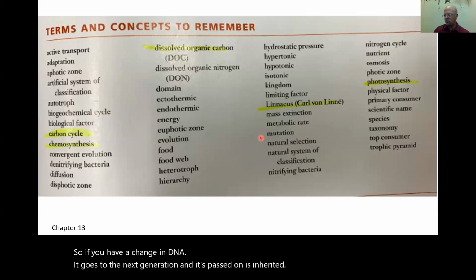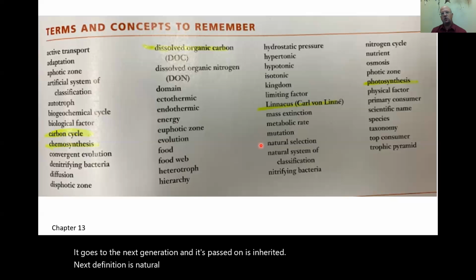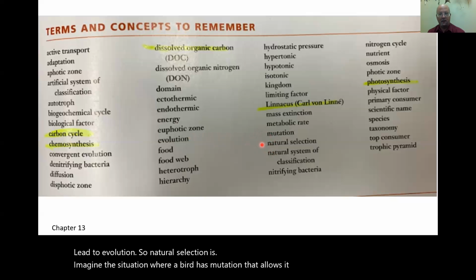Next definition is natural selection. Natural selection is the process whereby mutations lead to evolution. Imagine the situation where a bird has a mutation that allows it to have, say, a longer beak.